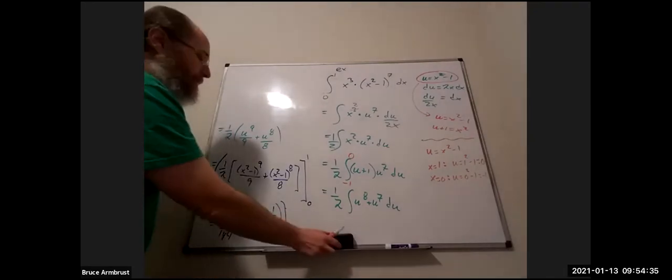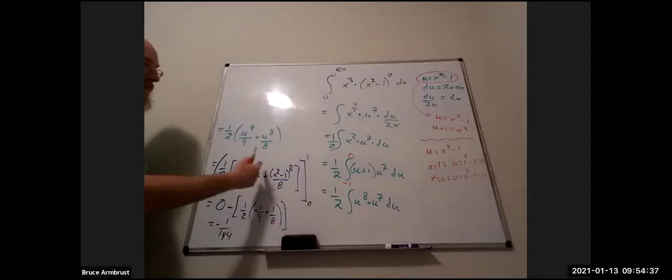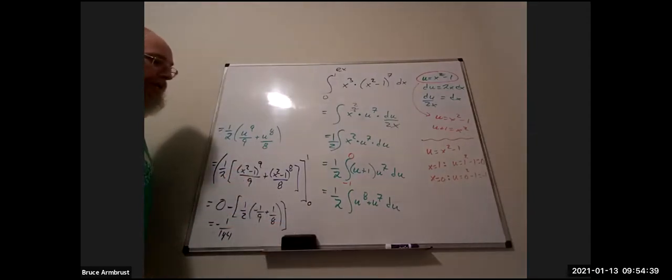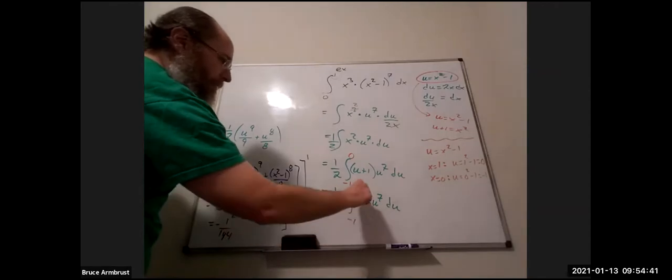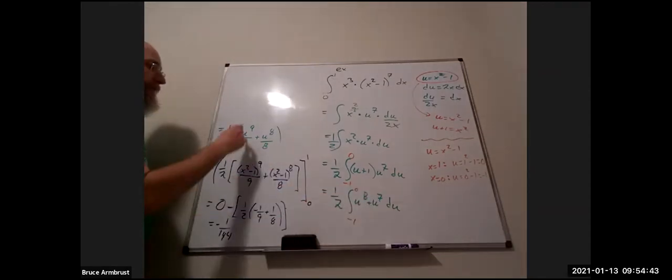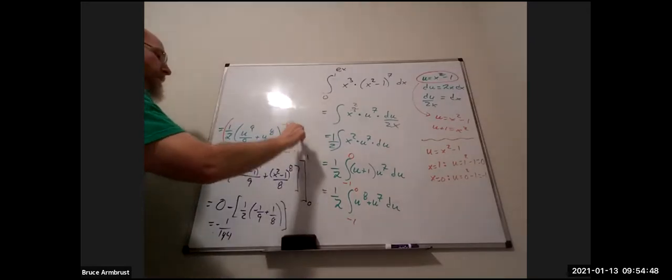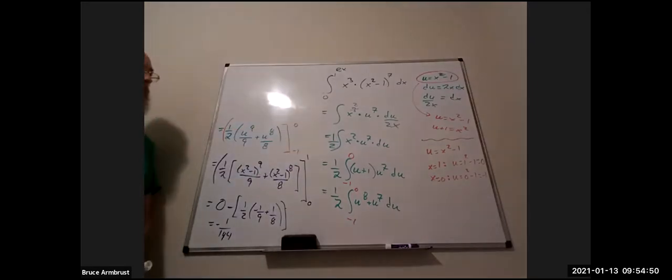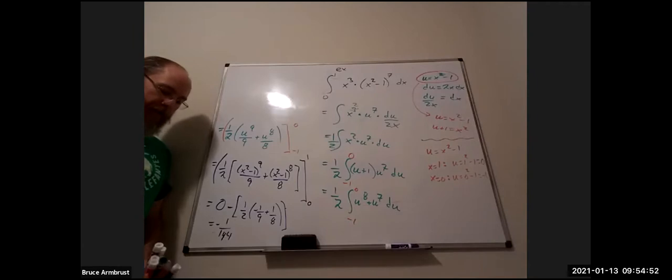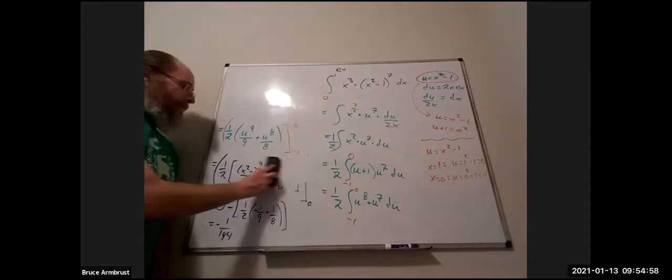Now, what that allows me to do is skip this substitution step. I still have this integral of u to the 8th plus u to the 7th, so I do that. But now I can immediately jump in and plug in my minus 1 and 0. I don't have to go back to x's. And you'll see that we get the same thing.